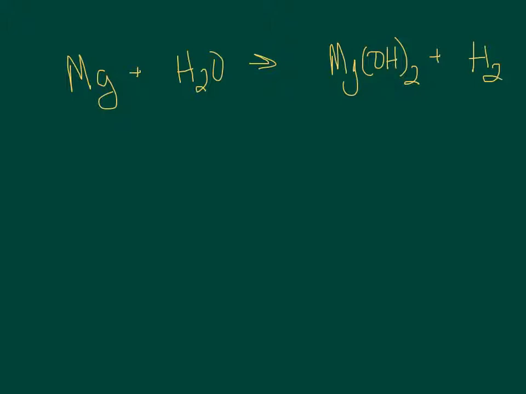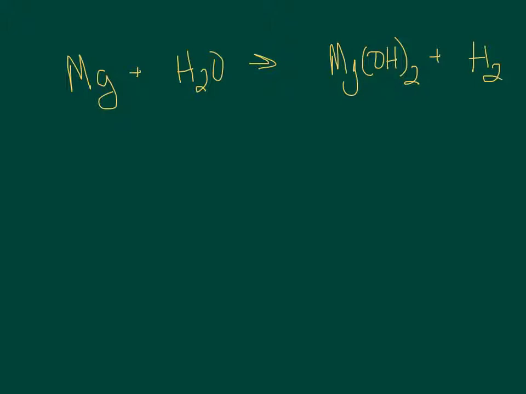Let's do step 2. Let's balance this. I have 1 magnesium on the reactant side and 1 on the product side, so that's balanced. I have 2 hydrogens, and then 2 hydrogens plus 2 more hydrogens, so 4 hydrogens on the product side.